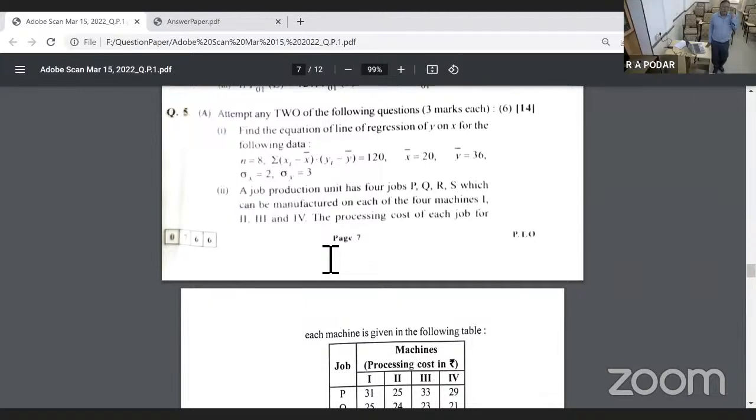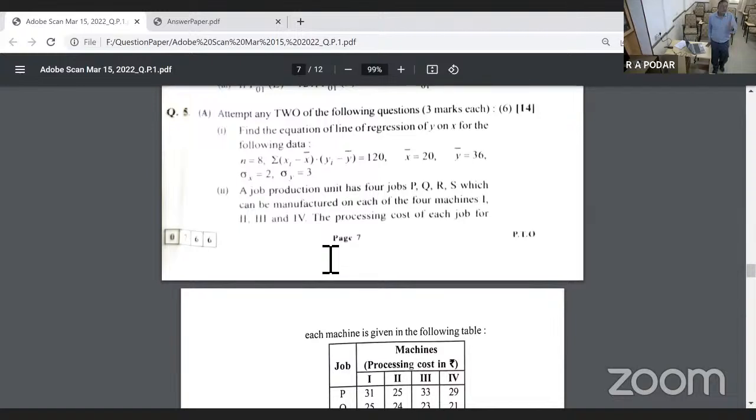Okay, question number 5, for 3 marks. All the data is given here to you. You just have to find the covariance of x and y, which will be the numerator, divided by the variance of x. The variance of x is not given, so you have to find it. Sigma x is given, sigma x is 2.